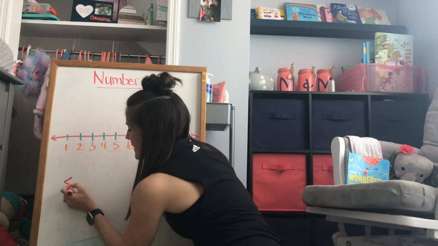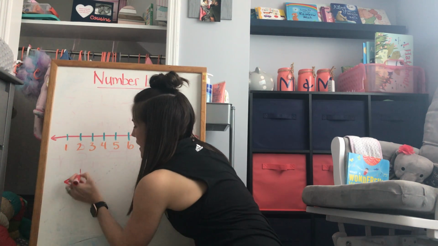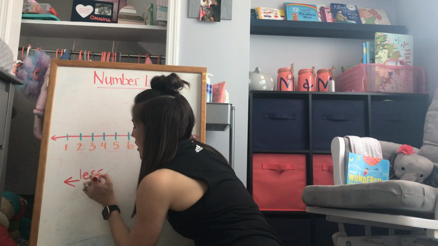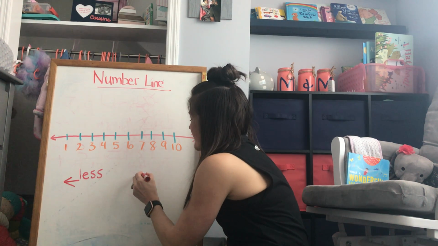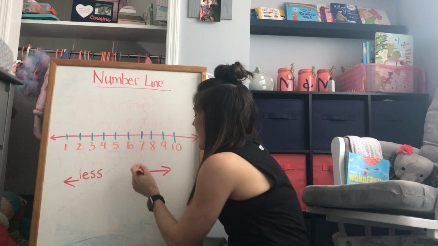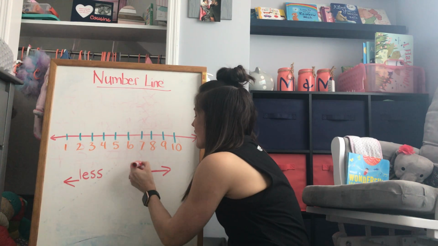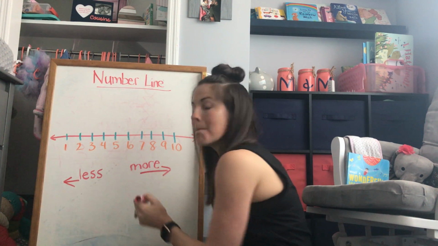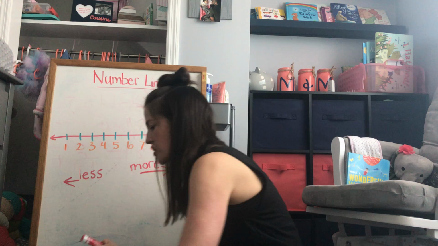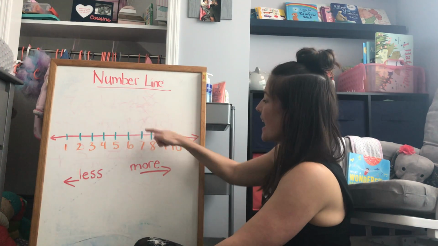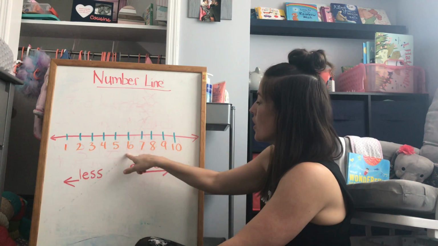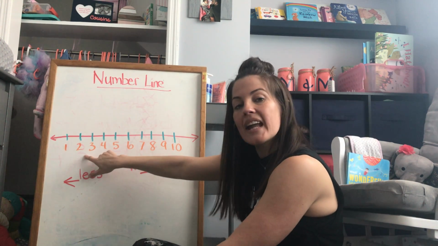If I'm traveling this way, the number is getting smaller. It is less. If I'm traveling this way, the number is getting greater. It is more. So if I choose any number on the number line and I point to it, I can count on to get more or count backwards to get less.